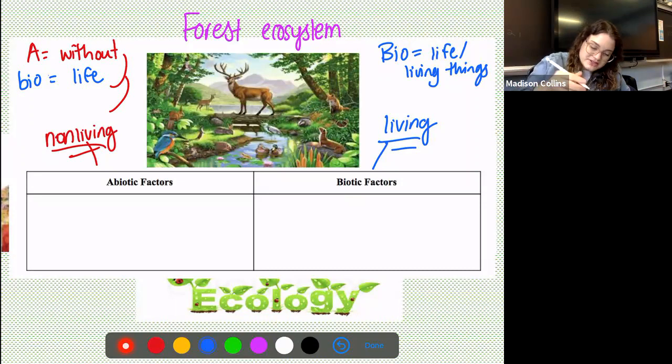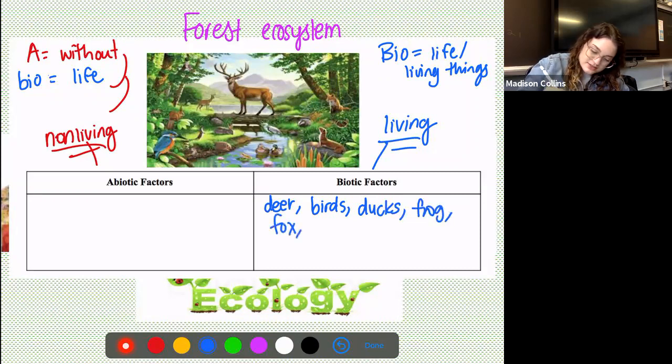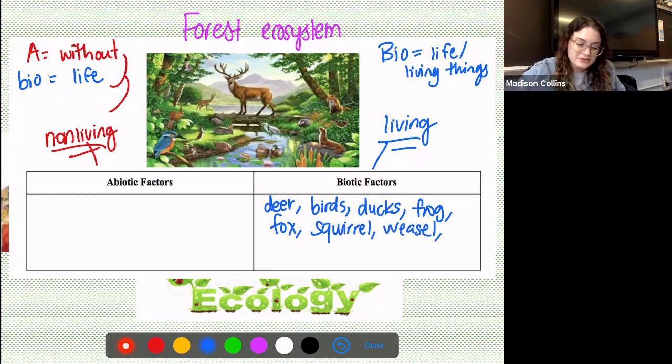Well, you may have noticed the deer standing front and center. You may have noticed the birds, the ducks. It looks like there's a frog, a fox, a squirrel. I think that's a weasel, right? So there were lots of animals you could have chosen from. But then you also needed to notice the trees are living as well.